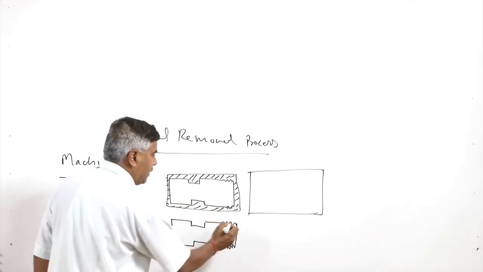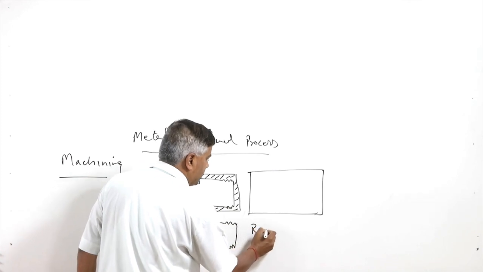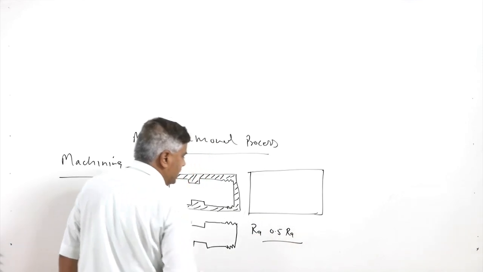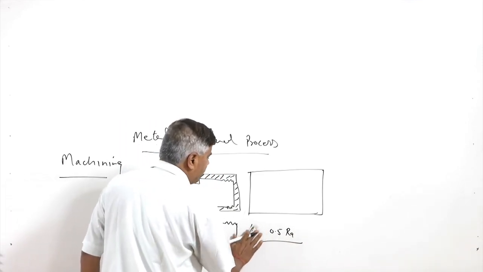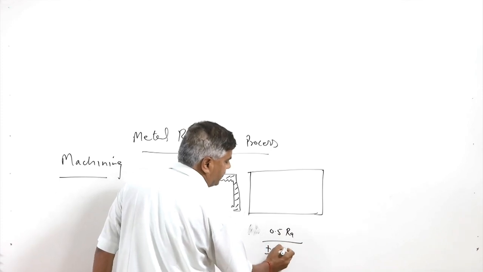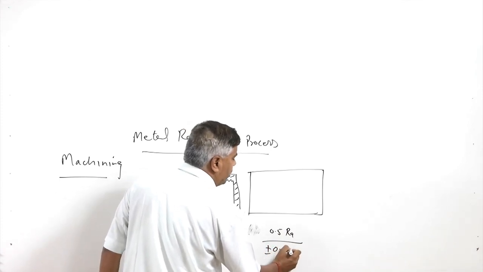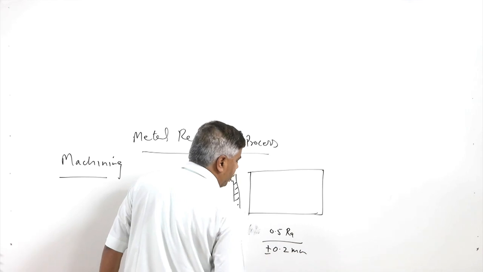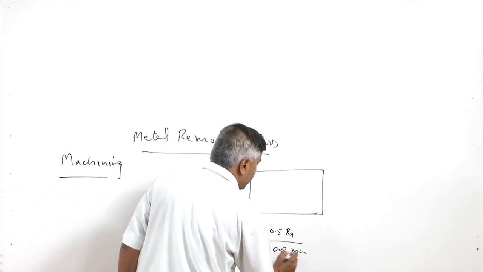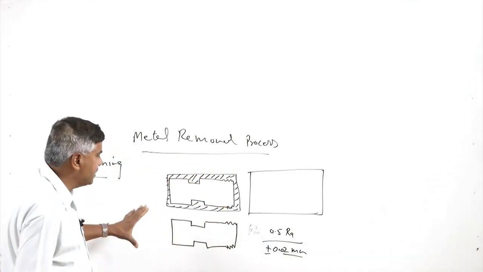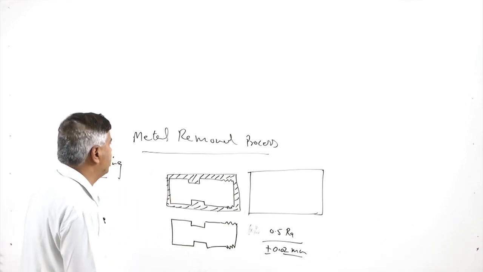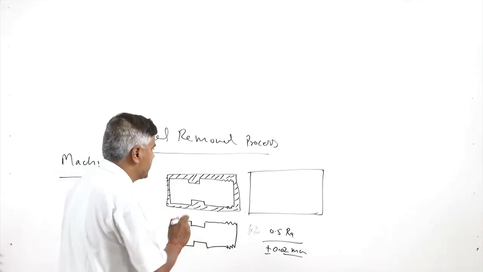For example, a surface finish of 0.5 Ra is needed, and a very good control over the dimensions is required, say 0.2 mm or even finer like 0.02 mm. Such dimensional control and complexity in shape can be easily achieved by material removal processes.